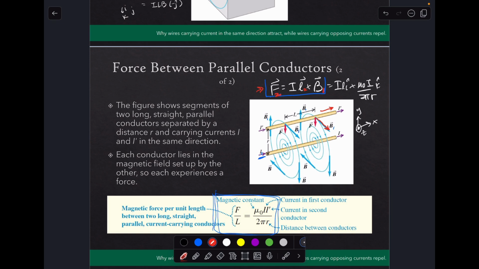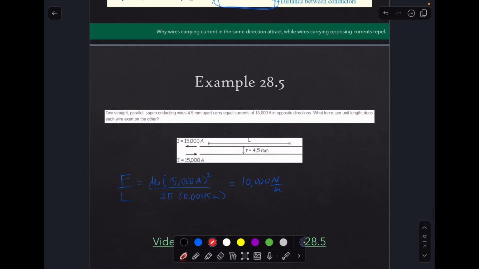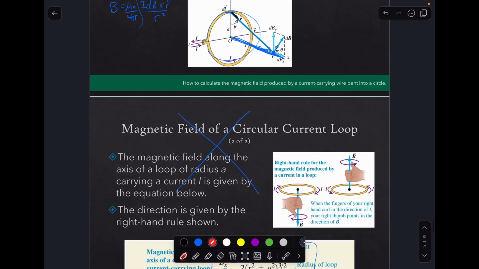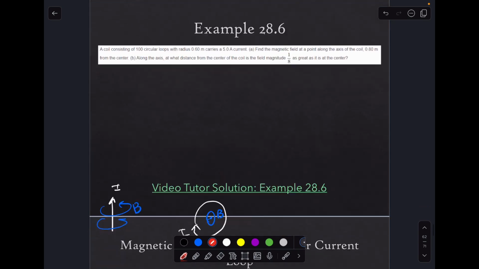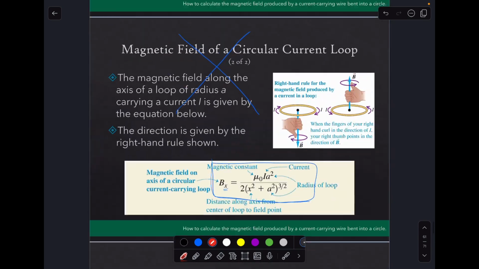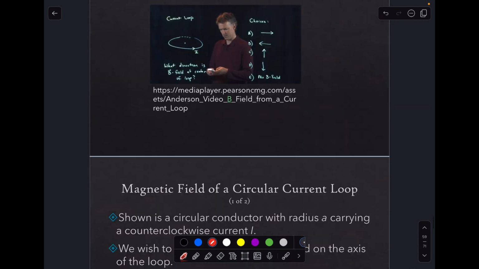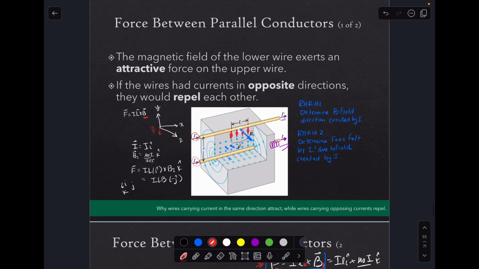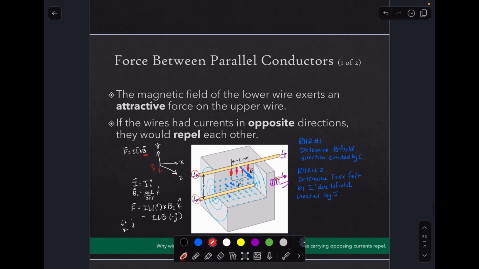Well, there are two cases to consider. Oh, I'm sorry, that was back on this slide.